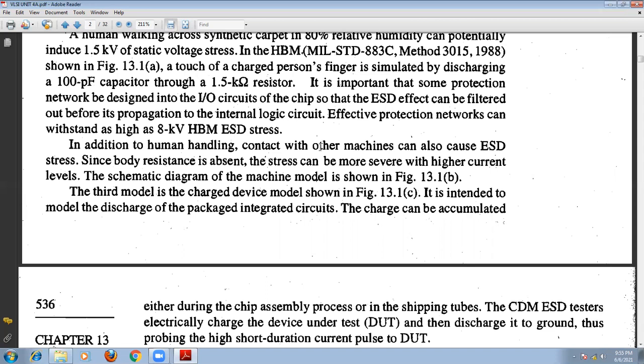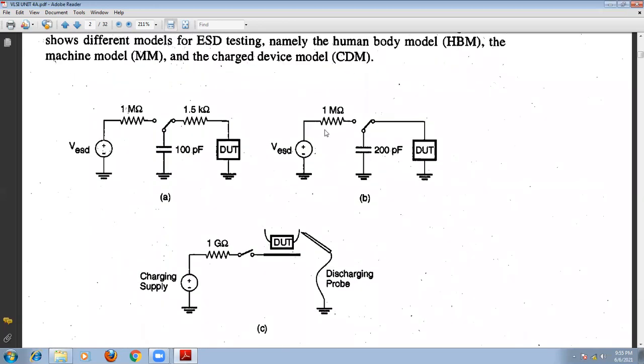In this test setup, a high voltage supply in series with a resistor charges a capacitor. Just observe here: we are going to model the machine by a 200 picofarad capacitor and zero resistance.